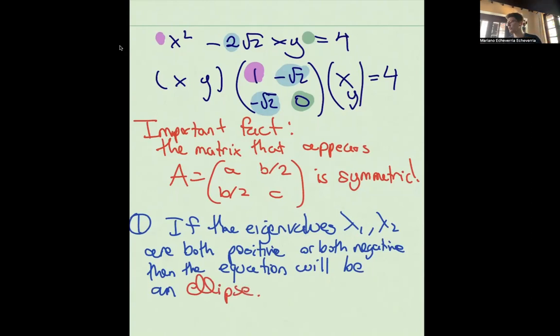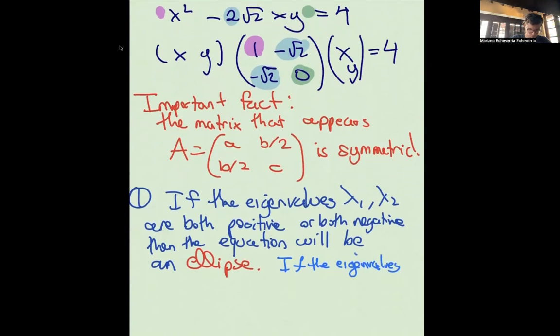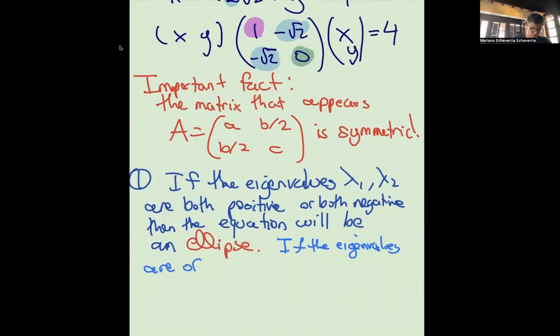If the eigenvalues are of opposite signs, then the equation will be a hyperbola.